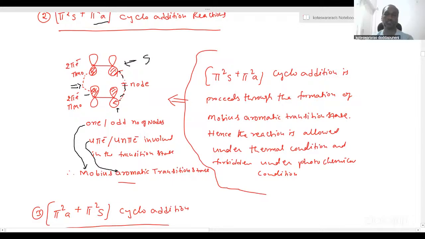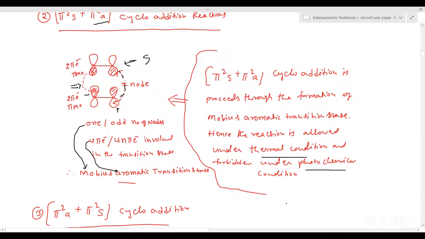Now, π2s plus π2a cycloaddition proceeds through the formation of a Mobius aromatic transition state. Hence, the reaction is allowed under thermal condition and forbidden under photochemical condition. Copy it. Okay.